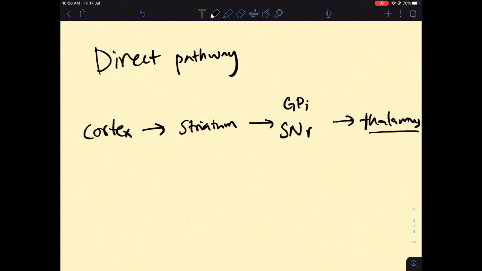And this part is important, because the output from the internal segment of the globus pallidus and the pars reticularis of the substantia nigra sends inhibitory signals to the thalamus. So they say move less. That's what they do.